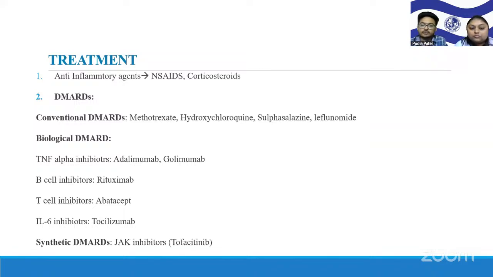It includes conventional agents, sir, like methotrexate, hydroxychloroquine, sulfasalazine, and leflunomide, sir. For biological agents, sir, B-cell inhibitor like rituximab, T-cell inhibitor abatacept, TNF alpha inhibitors adalimumab and golimumab, and interleukin-6 inhibitor tocilizumab. And synthetic agents include the Janus kinase inhibitor tofacitinib, sir.